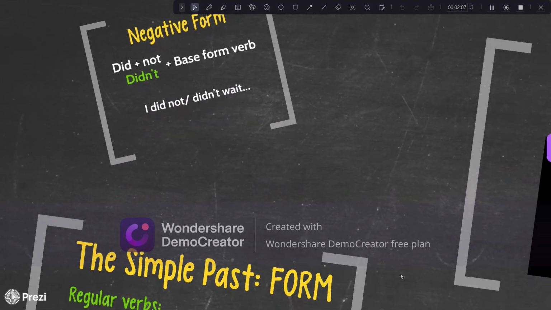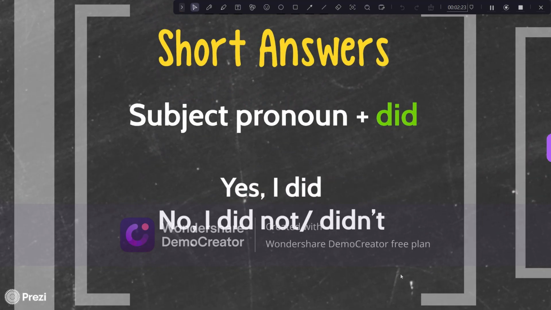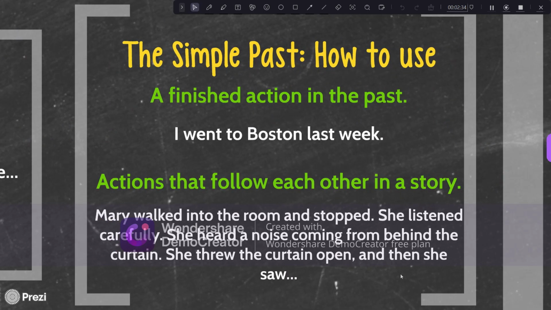I did not, I didn't want. Interrogative form. To form an interrogative sentence, we need to put did plus the base form of the verb. Short answers. Subject pronoun plus did. Yes, I did. No, I didn't.